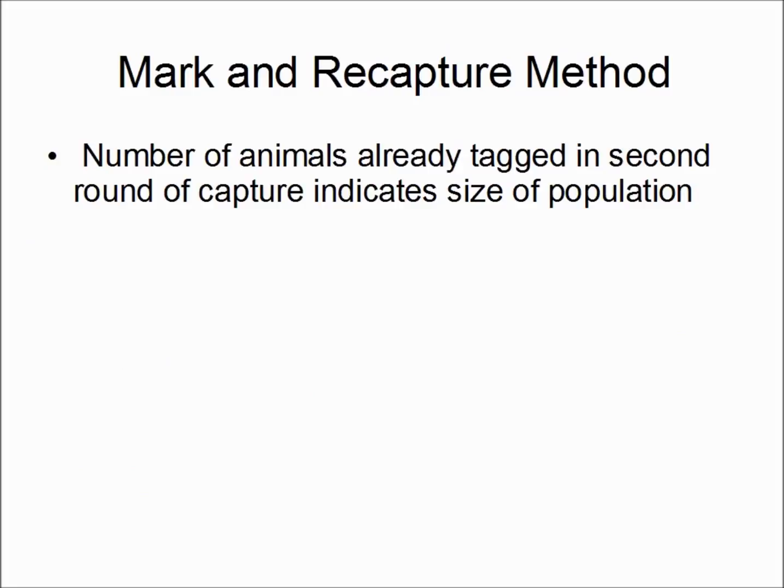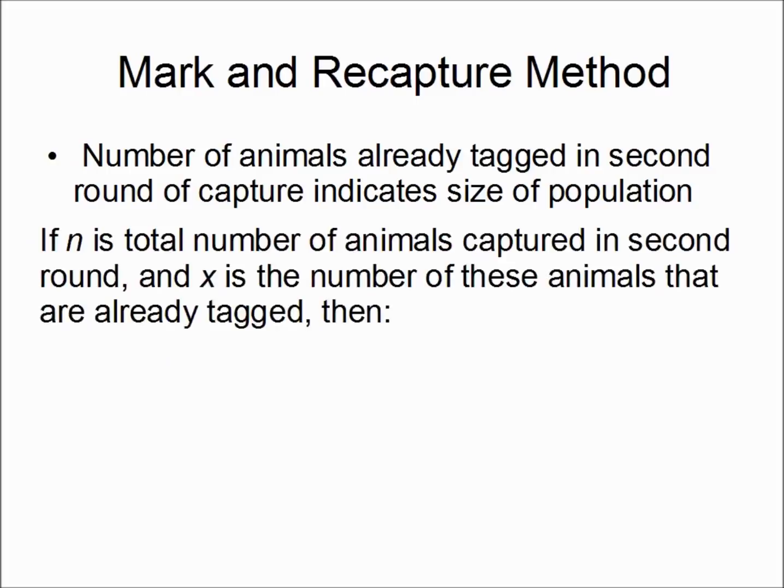So we've seen that the number of animals that are already tagged in your second round of capture can tell you something about the size of the total population. Let's see how this works. We'll just say that the total number of animals captured the second time around is the letter n. And out of those animals, the number that have already been tagged is the letter x.